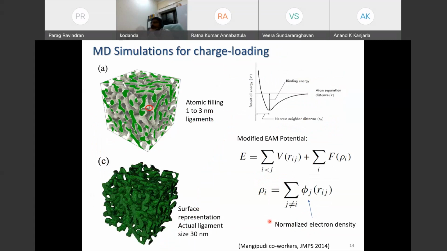In order to do the atomistic simulations, we have to modify the existing available potentials so that they can incorporate our desired level of external charges. If you look at the regular EAM potentials, in an MD setup, this is the potential energy. The important part for us is the electron density.